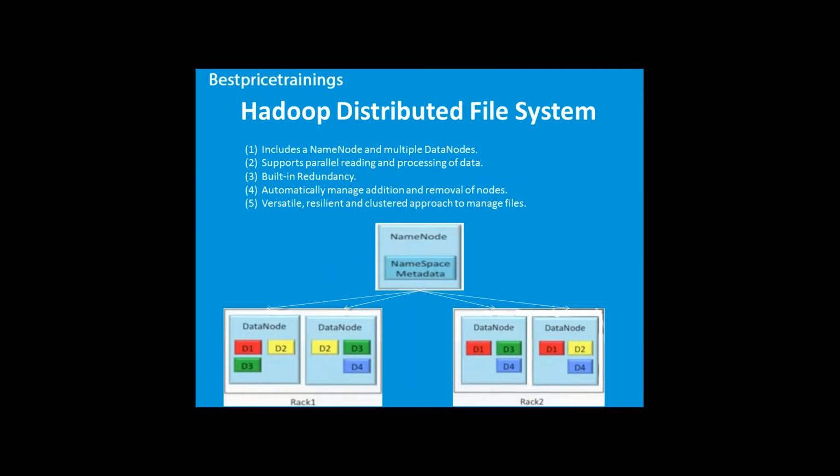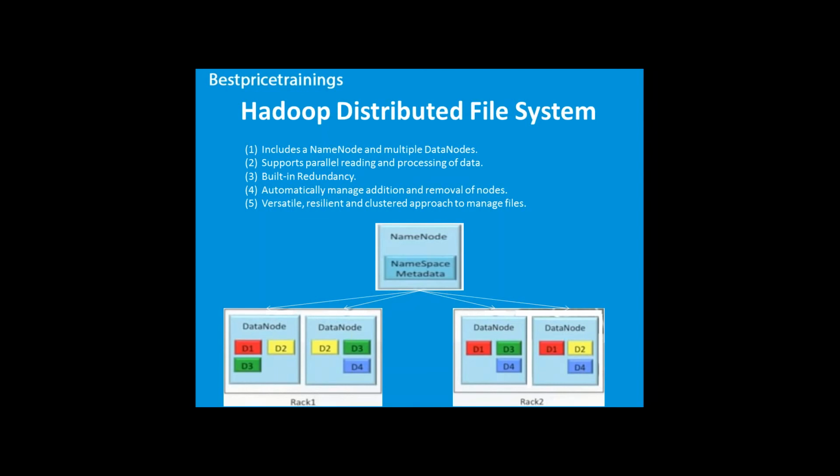Moving forward, how can we manage this kind of data within our DFS? As I told you in our previous slide, we will be using commodity hardware, that is low-cost computer systems. So what will happen in a 24/7 environment where the failure of a single server would be very disastrous?